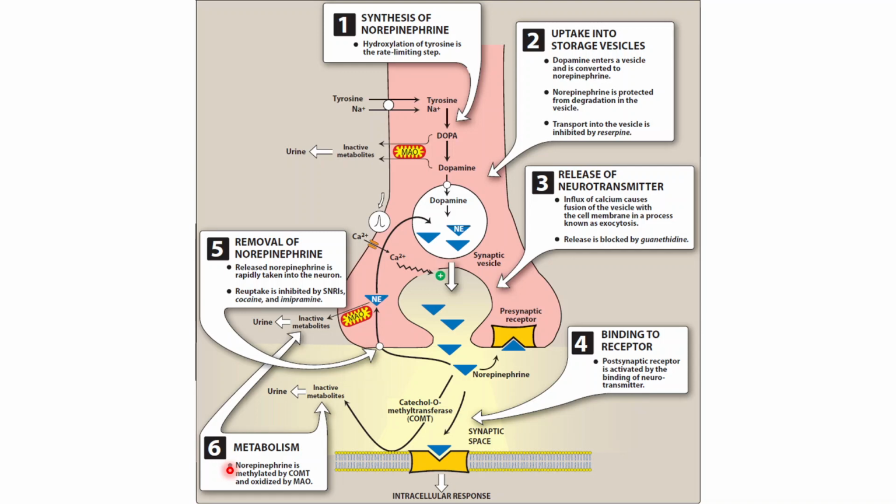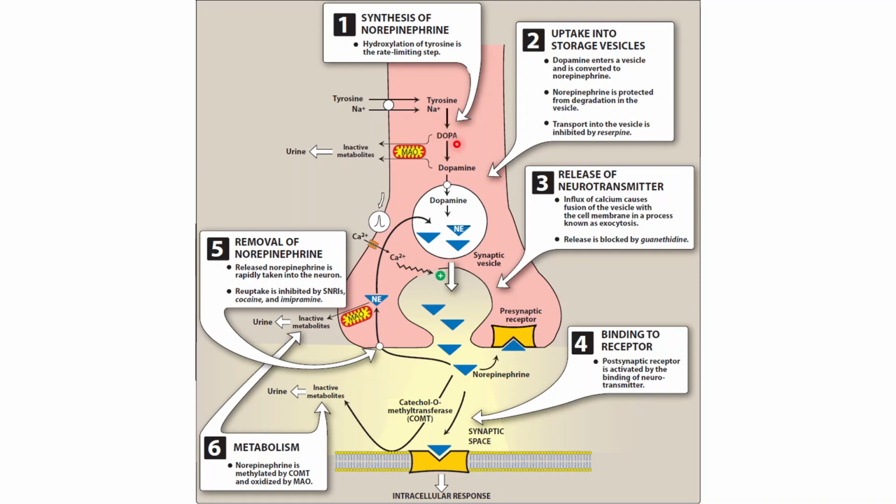So the synthesis of norepinephrine is done from the amino acid tyrosine that is transported into the nerve terminal with sodium ions, and the hydroxylation of tyrosine leads to the synthesis of dihydroxyphenylalanine, or DOPA.